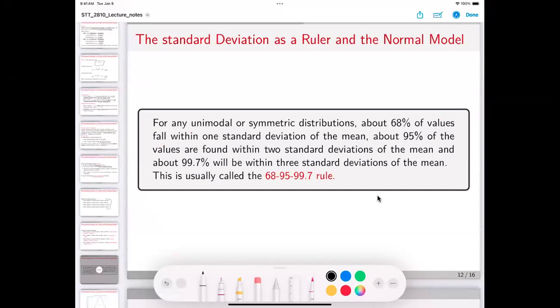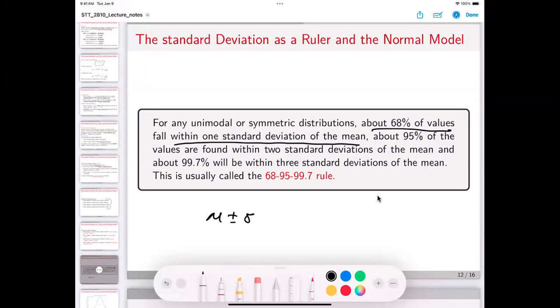And a perfect example is a normal distribution. So what he is saying is that 68% of the data values fall within one standard deviation of the mean. What it means is that if you have the mean plus or minus one standard deviation, then 68% of the values fall within this range.